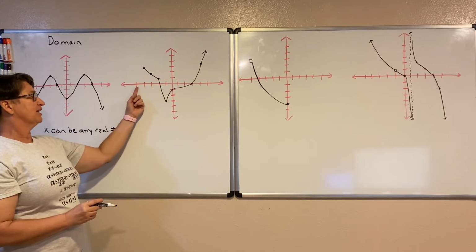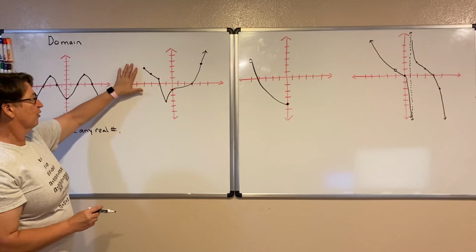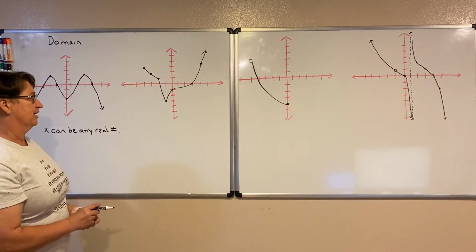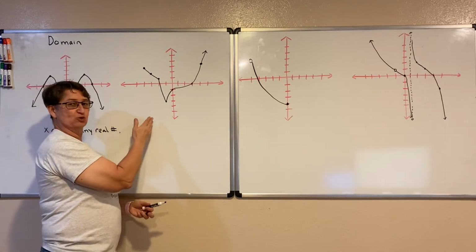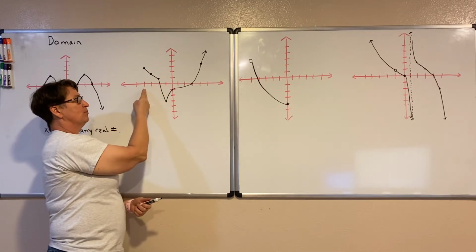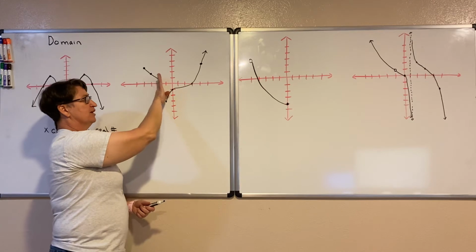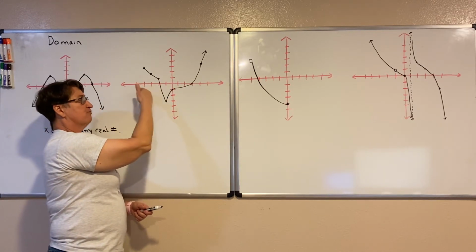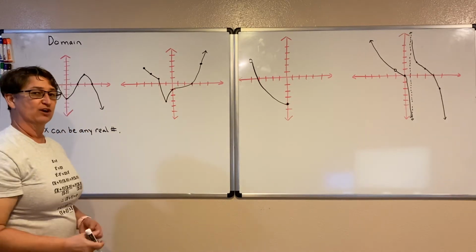But if I pick -5, there is no point on this graph. There's no output there for where x is -5. So this domain is restricted. In this case, my x values can only start at -4 and then go to infinity. So anything that is -4 or larger, that's what my x value has to be.